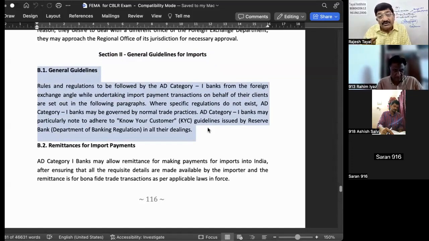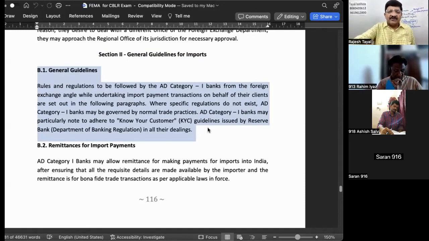That is one part. Now, second part is more important. Where specific regulations do not exist, authorized dealer banks are governed by the normal trade practices. And AD category 1 banks may particularly note to adhere to KYC norms.